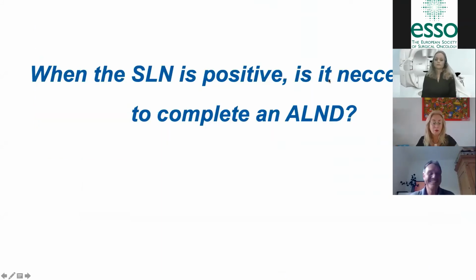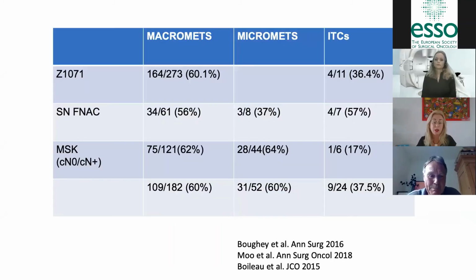When the sentinel lymph node is positive, it is necessary to complete an axillary lymph node dissection. And there are some studies that show that with macromets, there are more than 50% chances of having additional positive nodes. With micromets, there is also a higher chance of having a positive node.